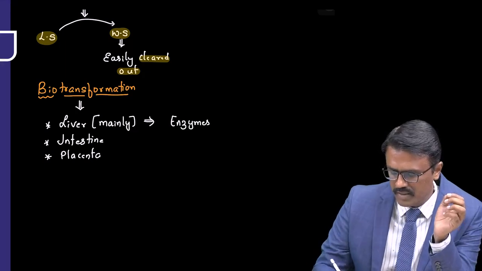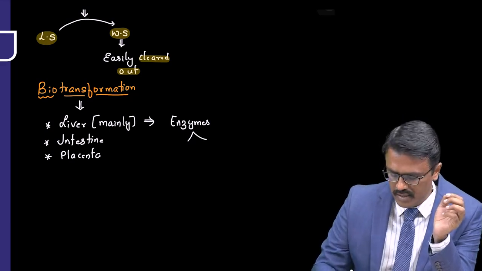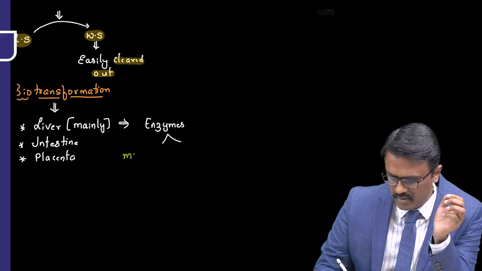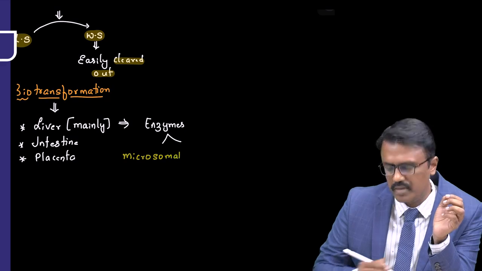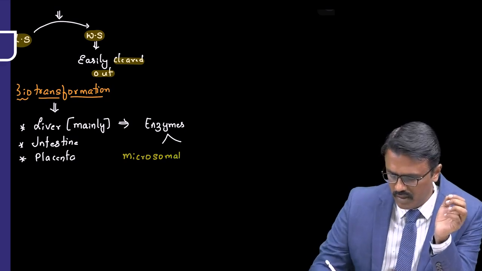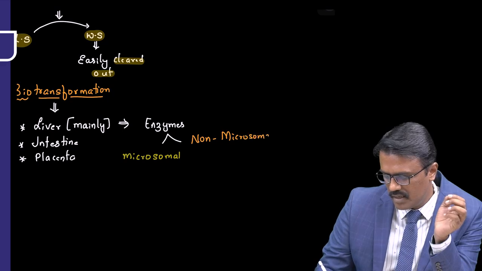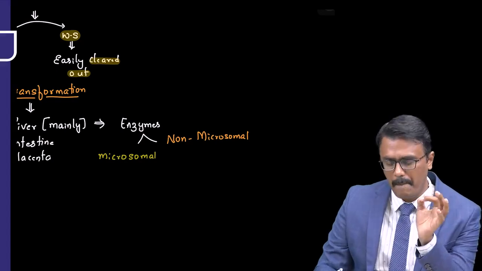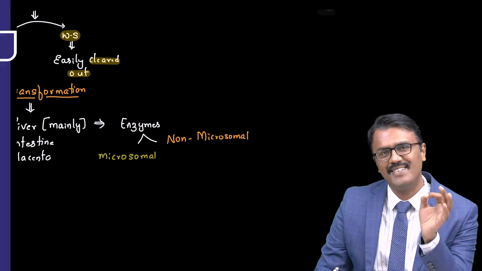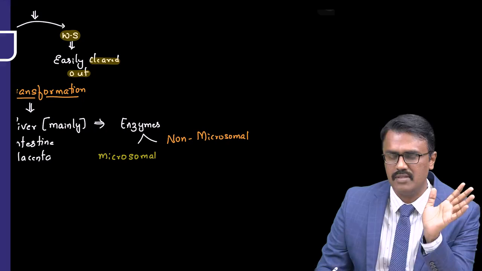Mainly, there are two types of enzymes we need to understand. One is called the microsomal enzymes, and one more is called the non-microsomal enzymes. We'll understand them later. Remember, there are two types of enzymes for metabolizing a drug: microsomal and non-microsomal.